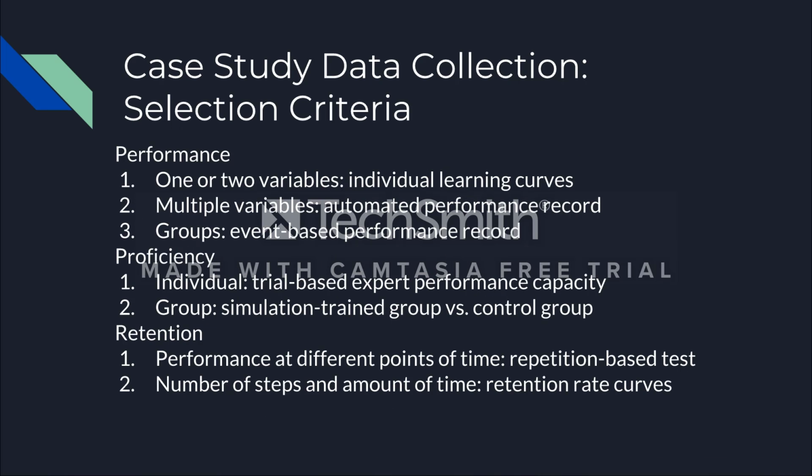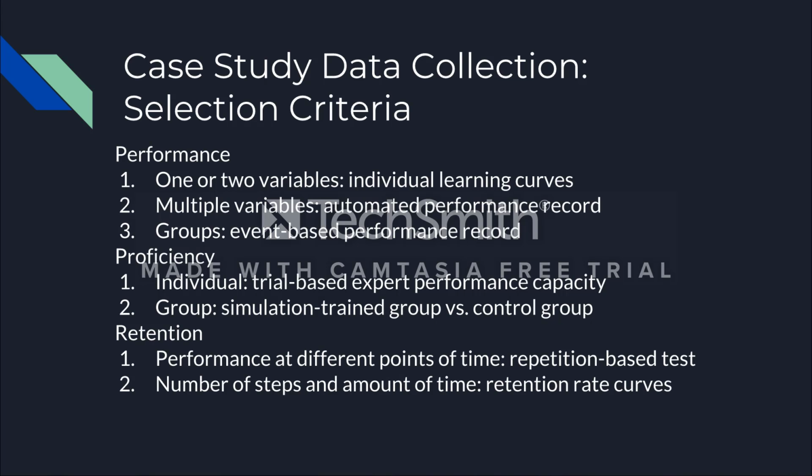In order to choose the best performance, proficiency, and retention measurement methods, under this case study data collection, we develop selection criteria. If we're looking at one or two variables that contribute to the individual's learning, we look at individual learning curves. If we look at multiple variables or experiences that contribute, we look at automated performance record.